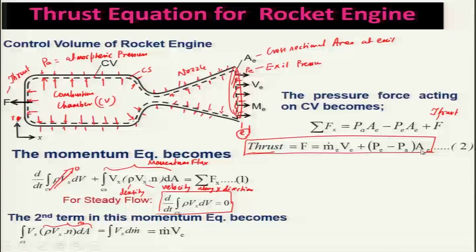Unlike in the aircraft engine or air breathing engine, there is no term due to the incoming fluid, no negative term in the momentum equation. This is basically momentum thrust, and this is the pressure thrust.